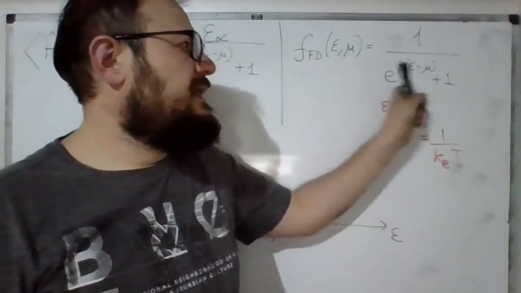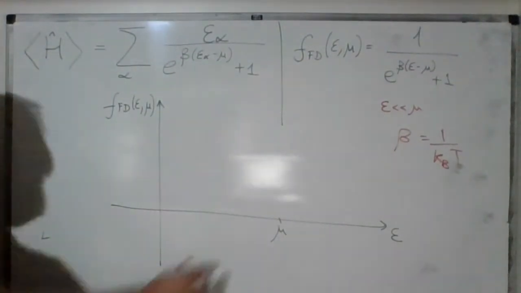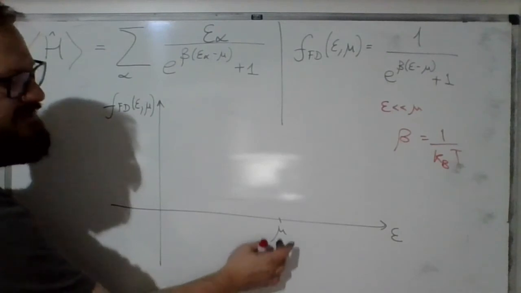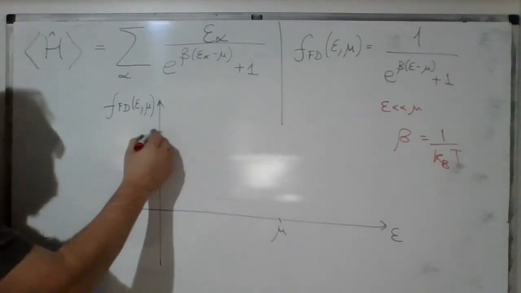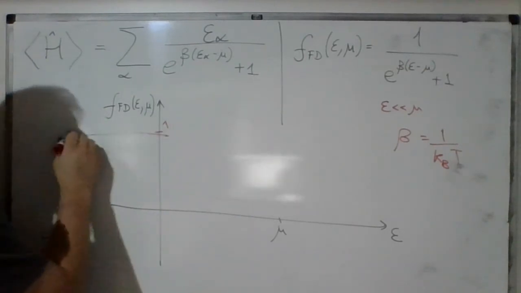Therefore, it can be neglected, and you have 1 over 1. So the probability well below this value of the energy is 1.